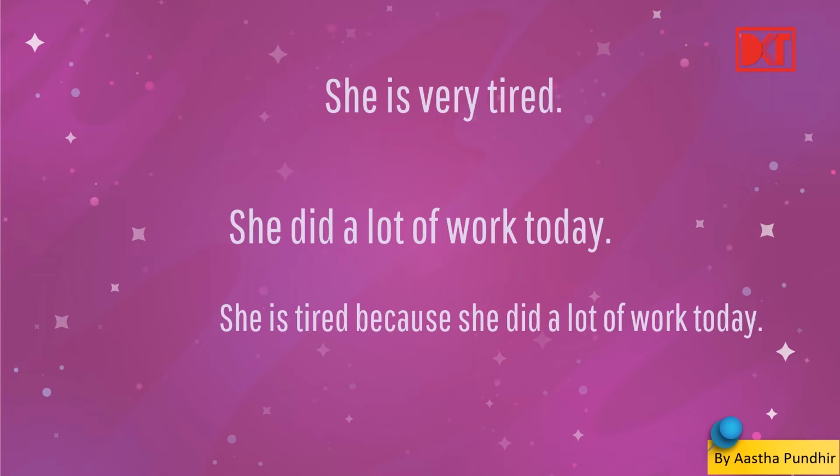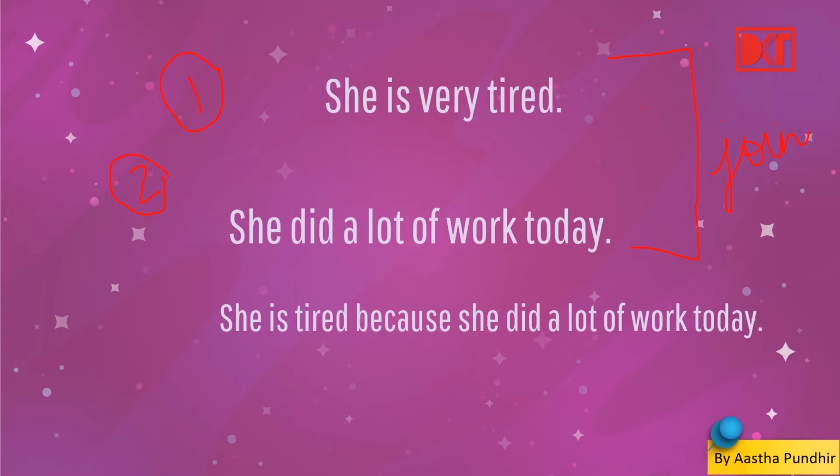Okay, now ये है हमारा first sentence, which is she is very tired. ठीक है. Second sentence है she did a lot of work today. Okay, ये दो sentences हैं. अब इन sentences को हमें क्या करना है? हमें इन sentences को join करना है. हमें इनको unite करना है. तो हम कैसे करेंगे?